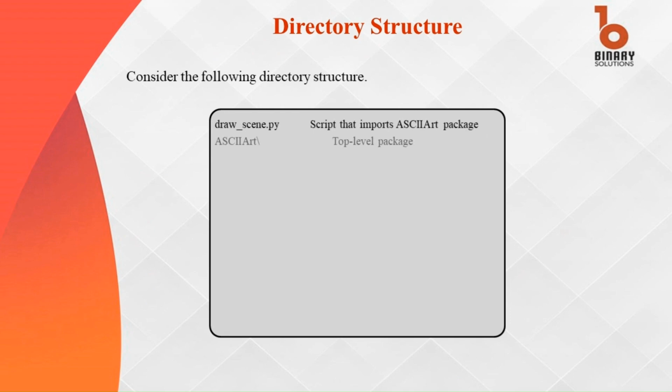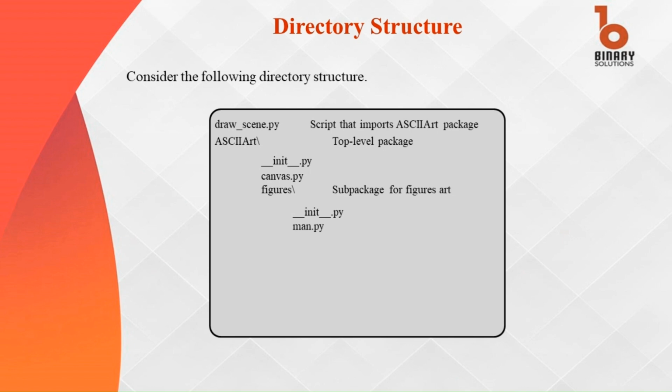The package contains a top level directory, ASCII art, which includes essential files like __init__.py to indicate it's a package. The canvas.py module provides the core functionality for rendering a canvas. Within ASCII art, there are two sub-packages, figures and buildings, each of which is dedicated to specific types of art.